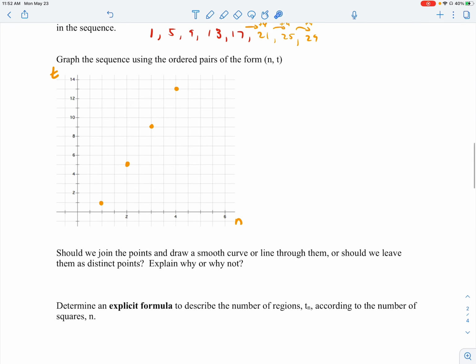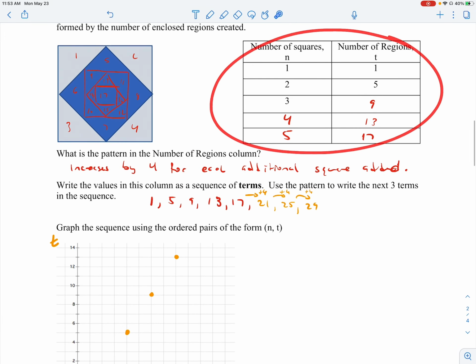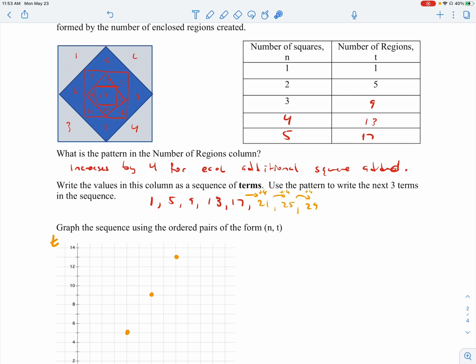It says, should we join the points and draw a smooth curve or line through them, or should we leave them as distinct points? Explain why or why not. I've graphed these points, and think about what the points represent. The number of squares drawn, 1, 2, 3, 4, 5, and the number of regions created.